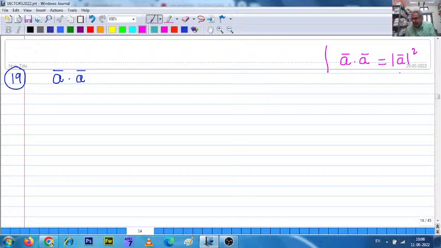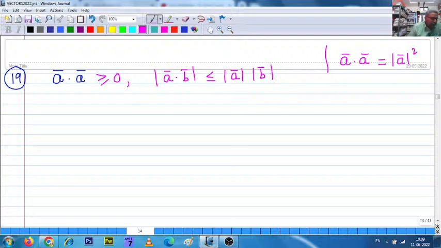Length is always distance. Distance whole square is always positive. So that means A dot A is always greater than or equal to 0. Clear? And one more thing. Modulus of A dot B is always less than or equal to mod A into mod B.